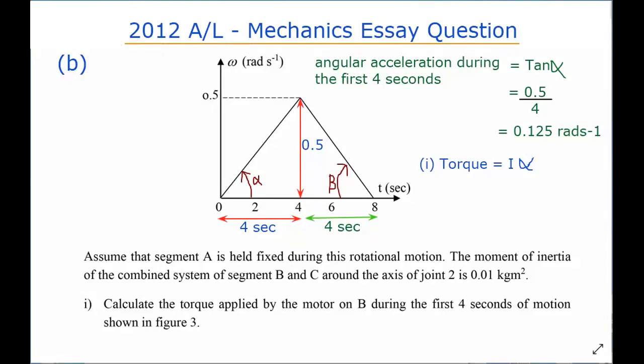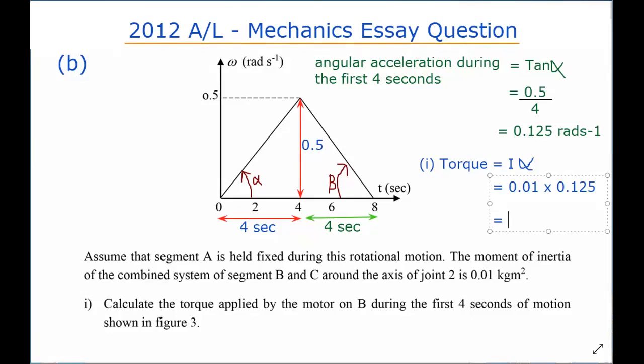Right. Torque equals I alpha. I is equal to 0.01. Alpha, we have found it as 0.125. So what is the answer?